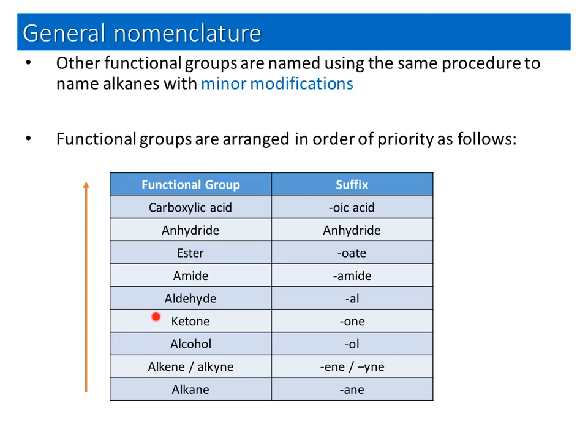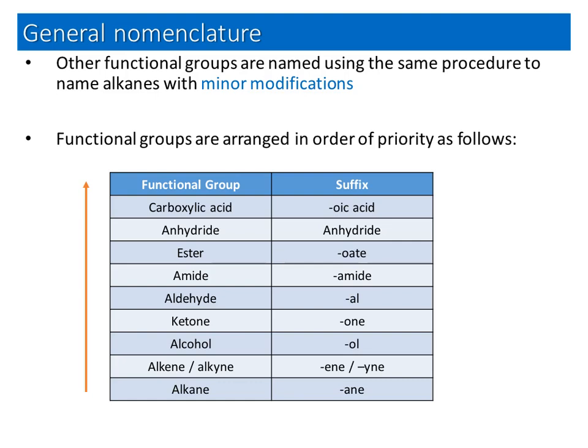And here is that order. So for example, if you have an alkene and a ketone in the molecule, if you want to name the parent chain, you need to use the suffix "one" because ketone is preferred over the alkene.